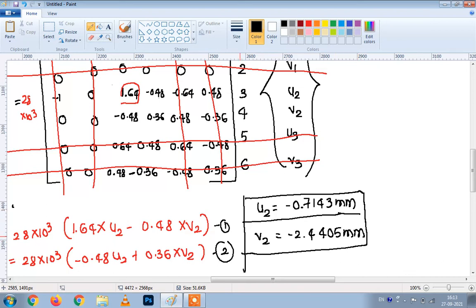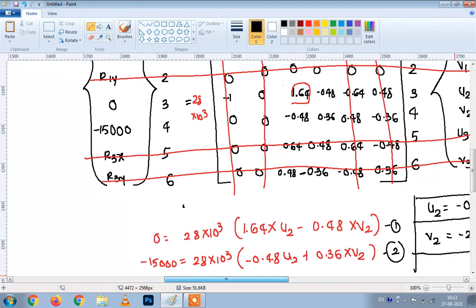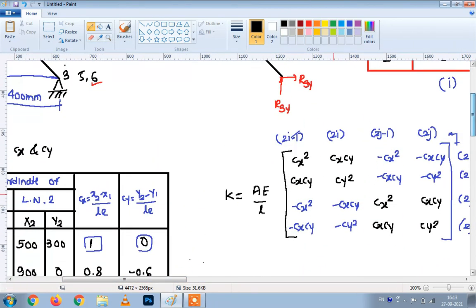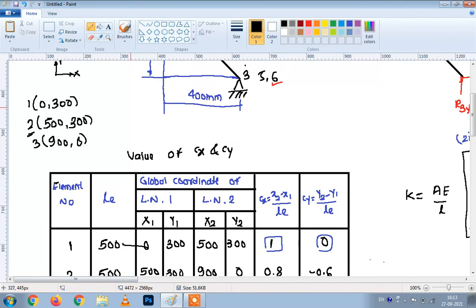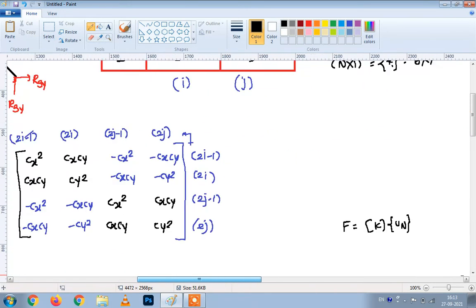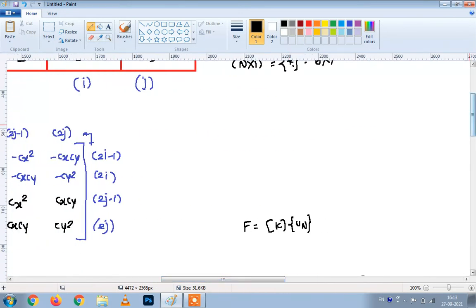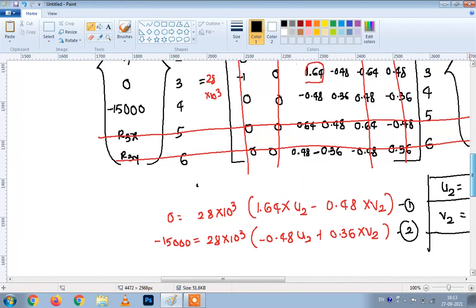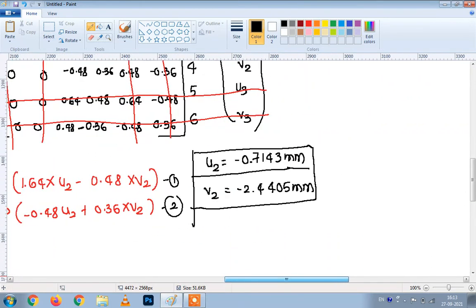Now the next thing that we need to find out is the reaction force, because till this point we have calculated these three things: the element stiffness matrix, the global stiffness matrix, as well as the displacement at each node.